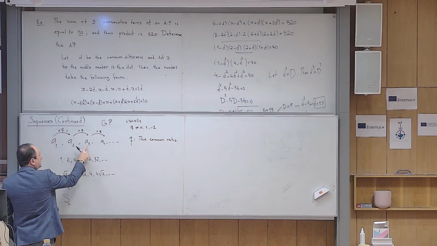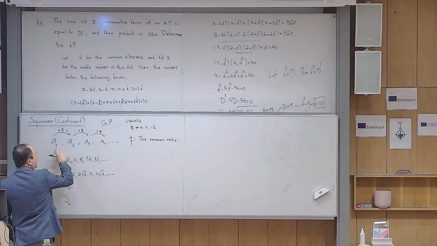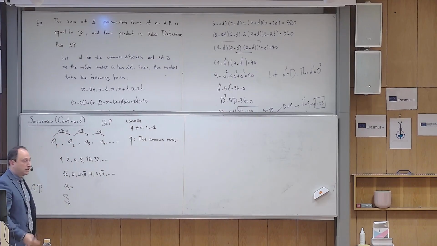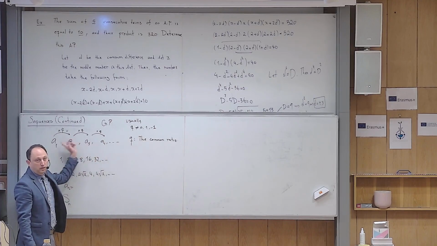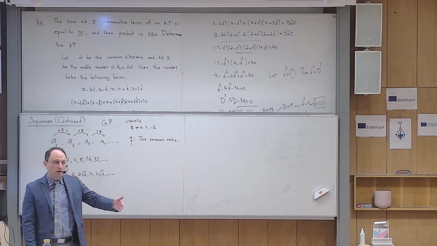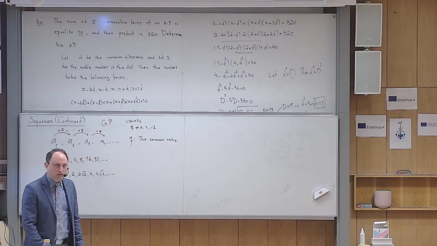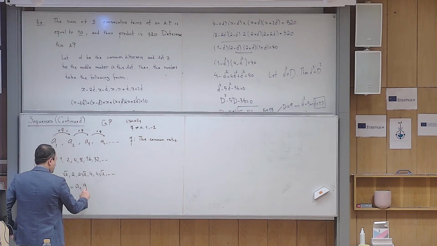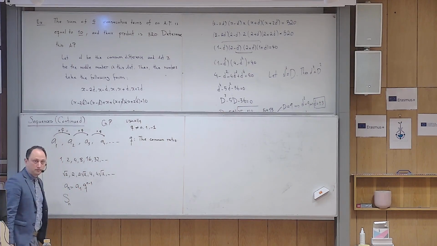So to reach A3 from A1, how many multiplications by Q do I need? 2. To go to A4? 3. So to go to A_n, how many multiplications by Q do I need? n minus 1. So this becomes A1 Q to the power of n minus 1.